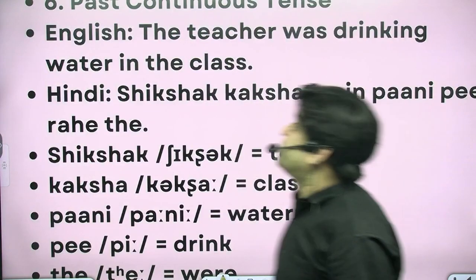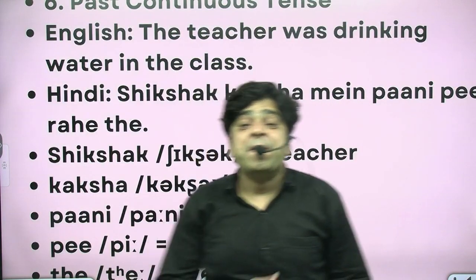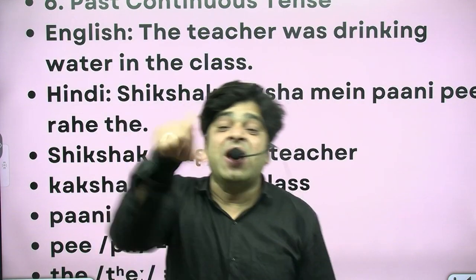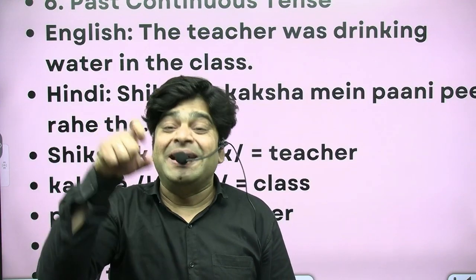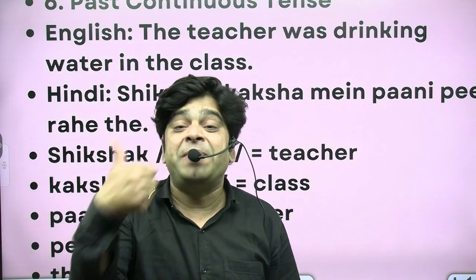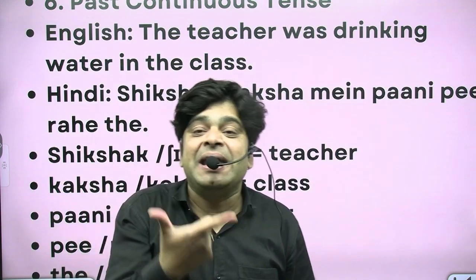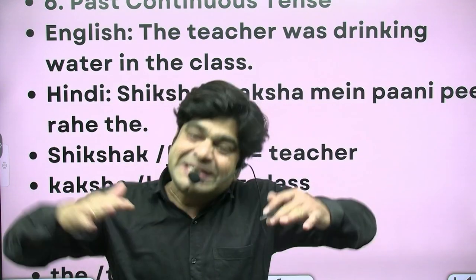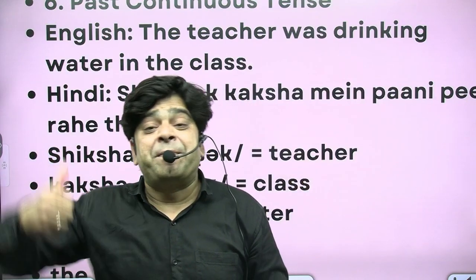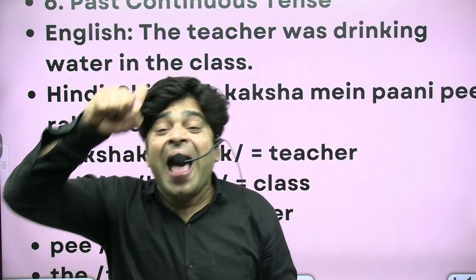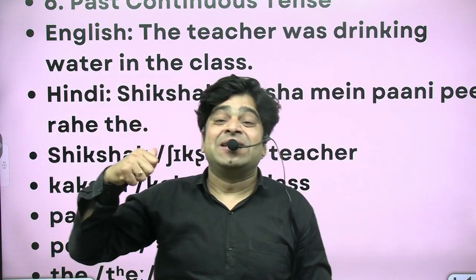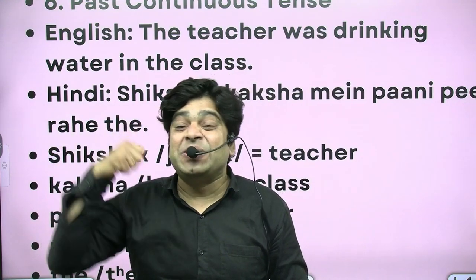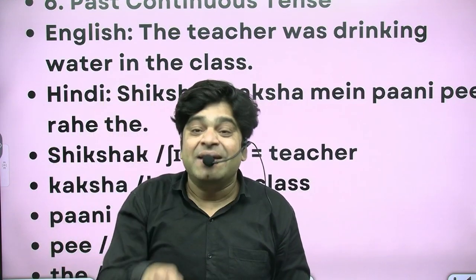Now comes past continuous tense. You know in continuity in Hindi, the verb is used in two pieces: pi raha, pi rahi, pi rahe. The same. In present it was hai, and in past it will be tha, thi, the.